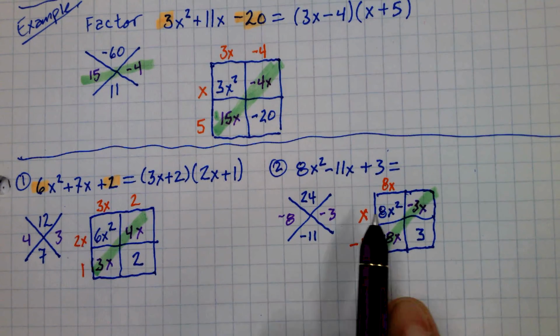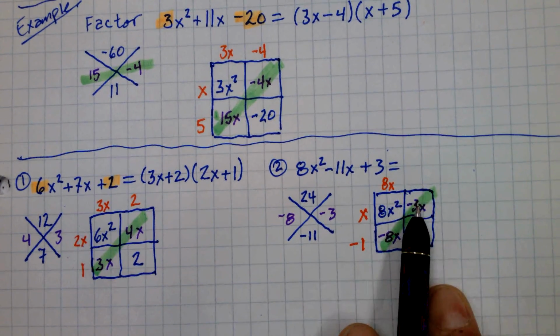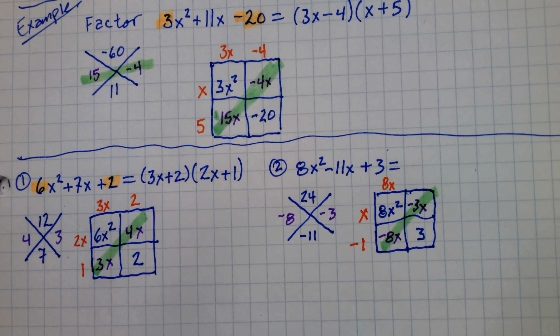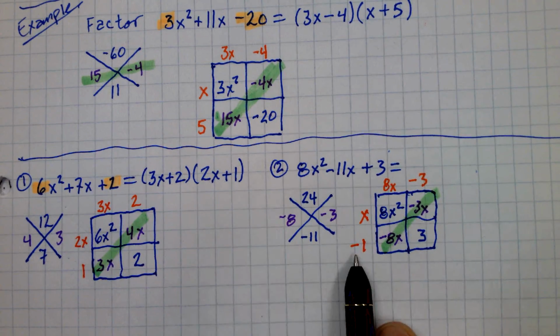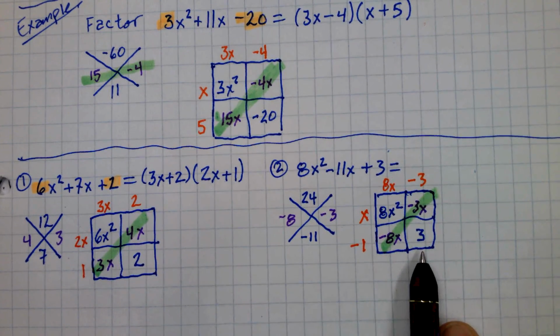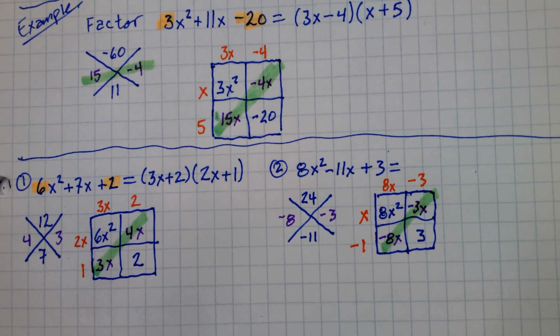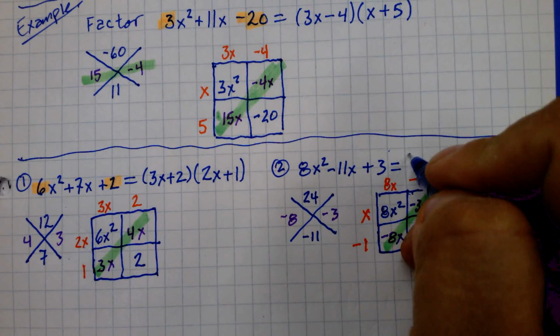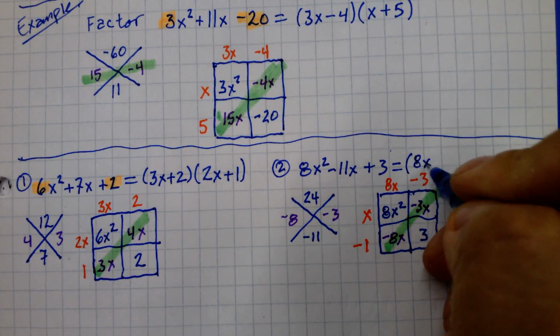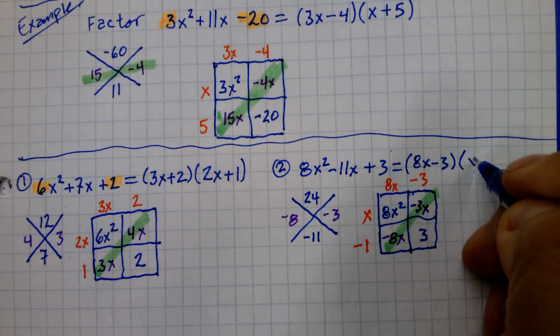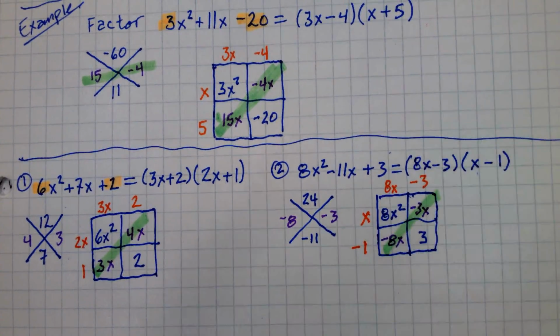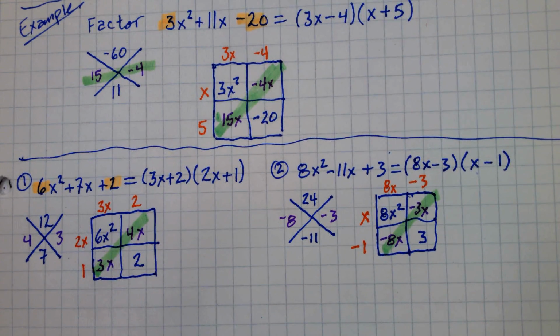So now let's try this. X times something is negative 3x. Negative 3. And let's test it out. Negative 1 times negative 3 is 3. Okay. So we got 8x minus 3 and x minus 1. Okay.